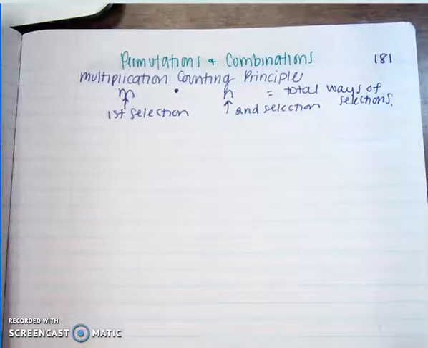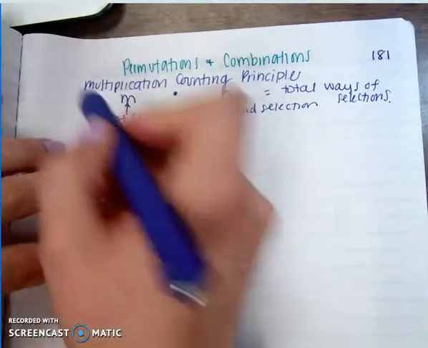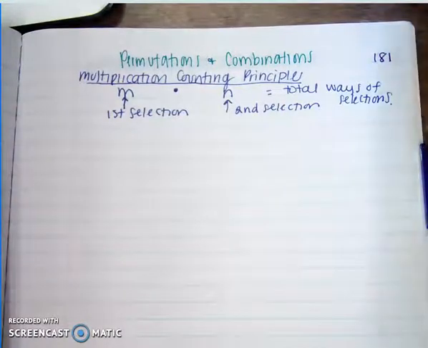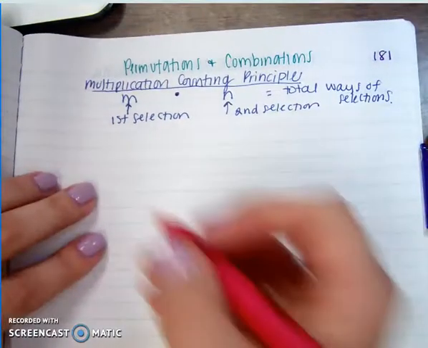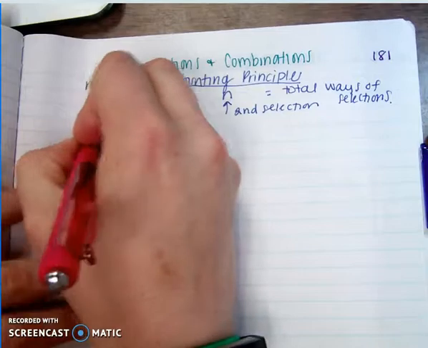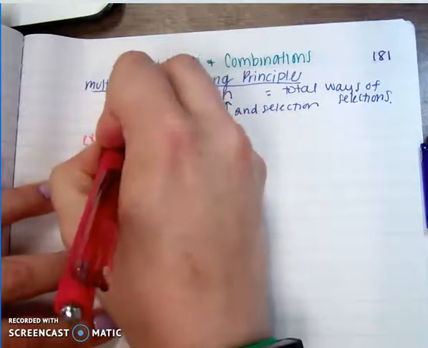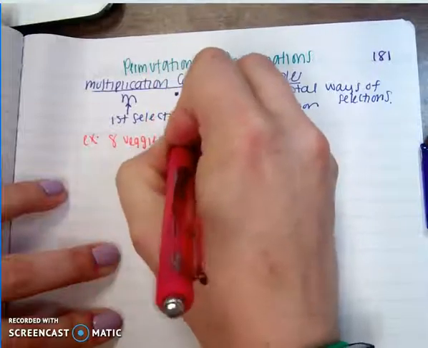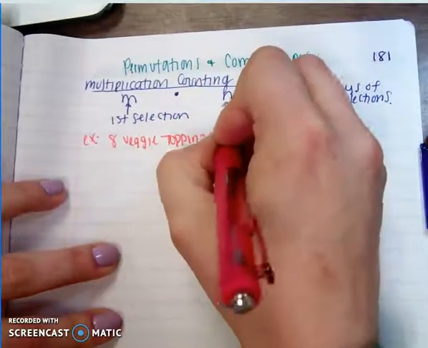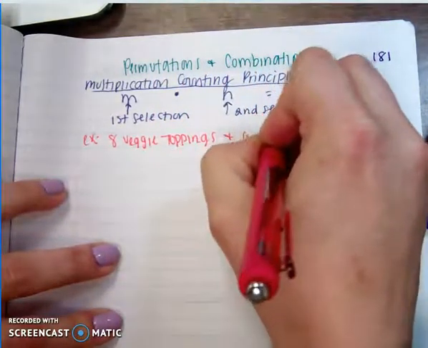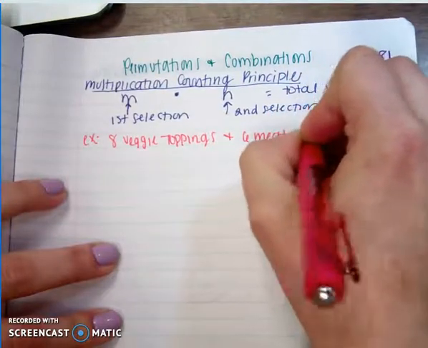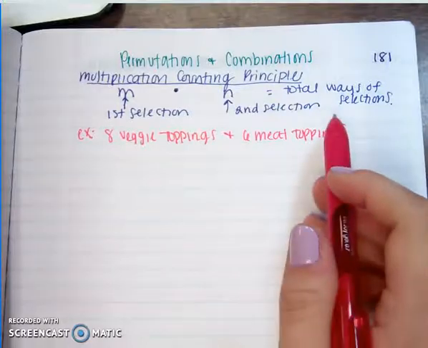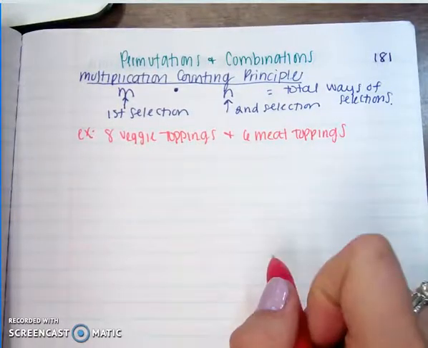Okay? So for example, if we had a pizza shop that had 8 veggie toppings and 6 meat toppings, how many combinations can you order with 1 meat and 1 veg?